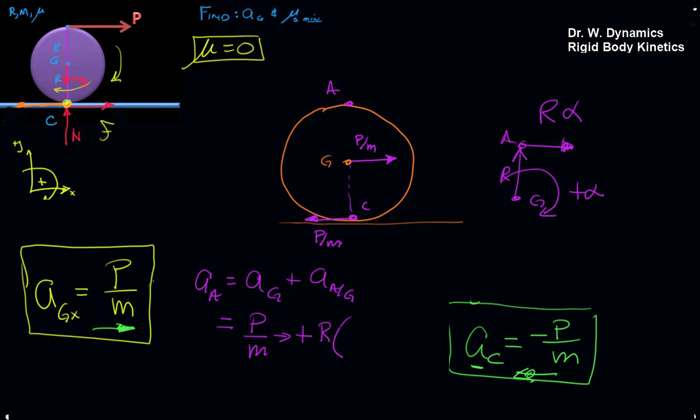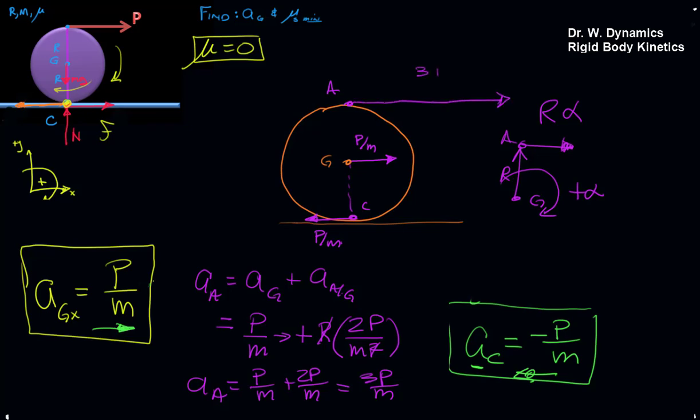And alpha was, sorry I erased it, 2P on MR. The R's go here, and we get P on M plus 2P on M, which is a grand total of 3P on M. So the acceleration of point A on top of the disk is 3 times this, which will put us out here, 3P on M. In fact, they're all linear functions.